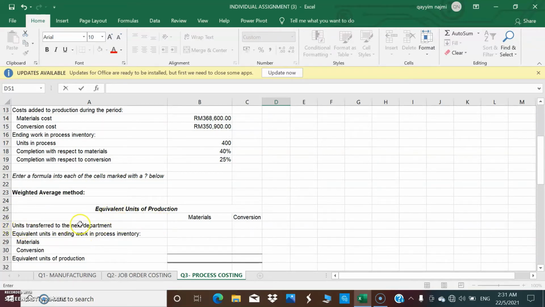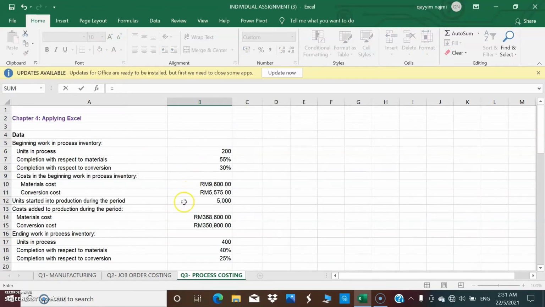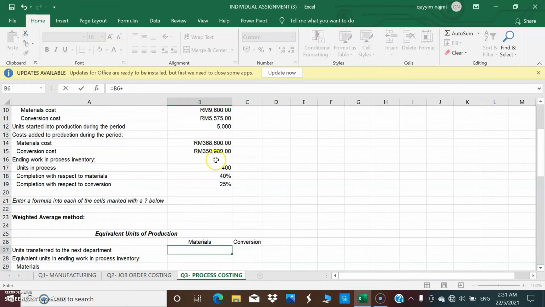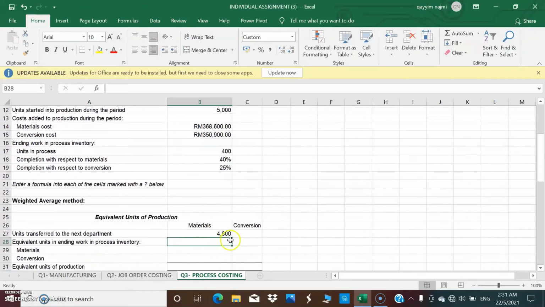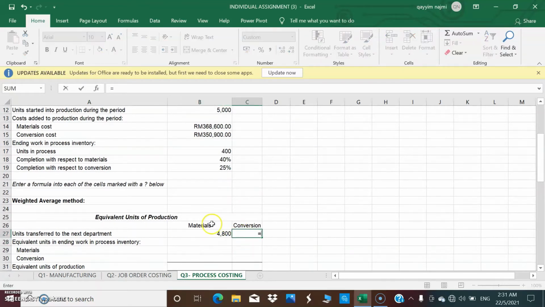Units transferred to the next department, for material and conversion, is units in beginning plus units started minus units in ending, to get 4,800. It is the same for the material.